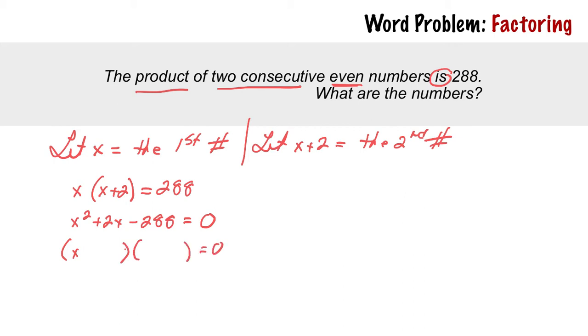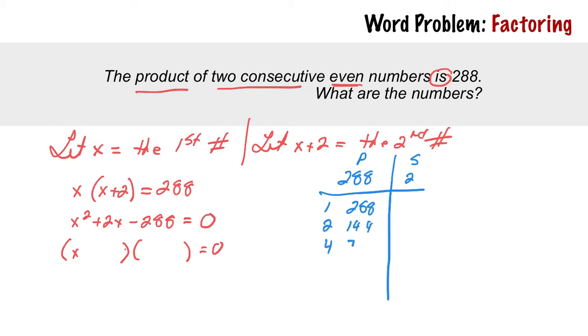The number's a little big, but you can quickly deduce what the factors are. You're trying to find a product of 288 and a sum of 2. So quickly, 1 and 288, 2 and 144, 4 and 72, 8 and 36, 16 and 18.